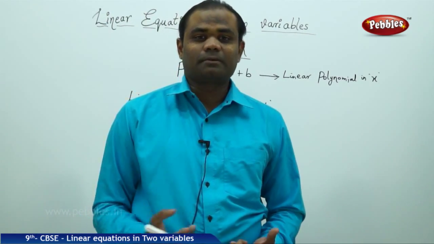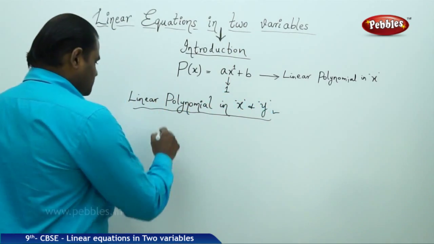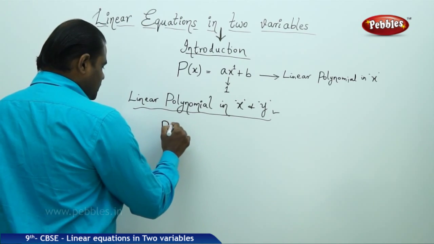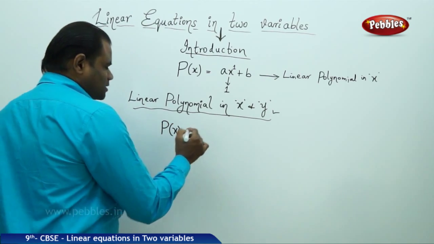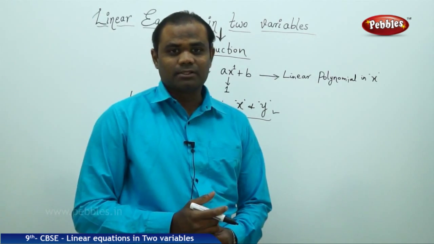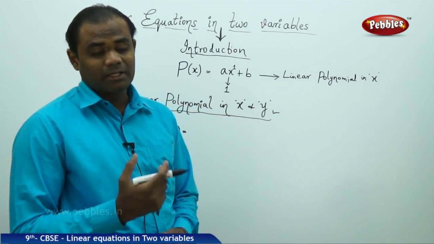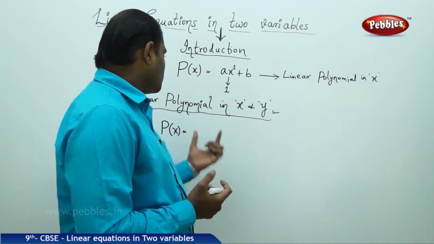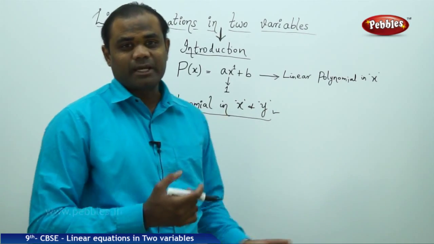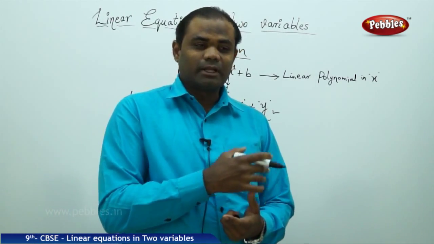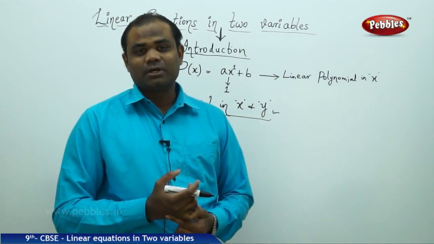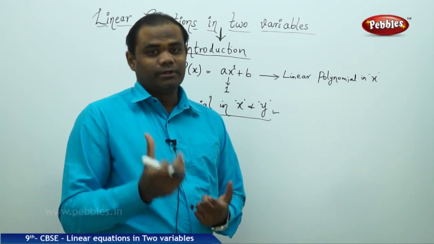Let's see how we can define the linear polynomial in two variables x and y. Let's reconsider the definition which says that a polynomial is linear if its highest power is 1. Therefore, when I introduce the two variables x and y into the polynomial, I need to have both the variables with degree 1.